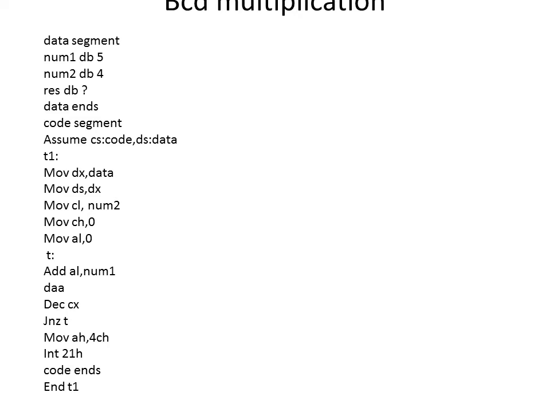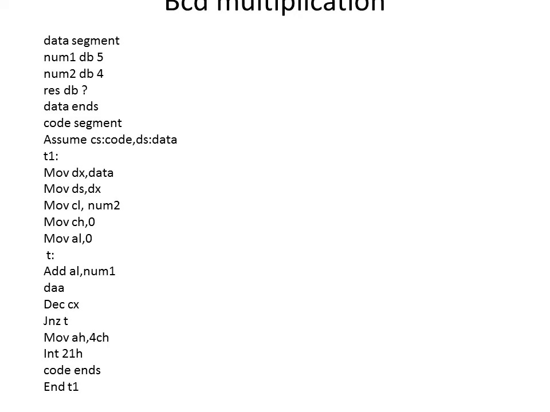What is that block? Addition of AL, whatever the content of the AL register, and num1: 0 plus 5, 5 plus 5, 10. 0A will be stored, 0A is 10, and 0A will be converted into 10, by the DAA instruction. Then 10 plus 5, 15.